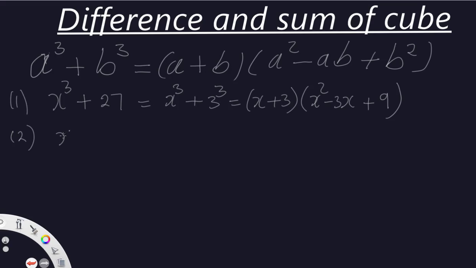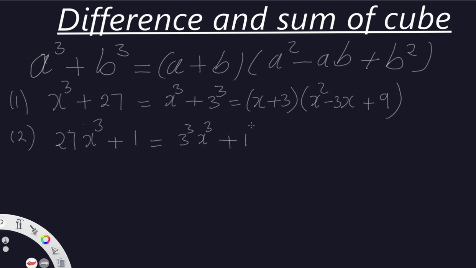Another example where we can have, for example, let's say 27x cube, all right, plus 1, for example. Okay, so what we're going to do here: first of all, 27 is 3 to the exponent 3, then we have x to the exponent 3.